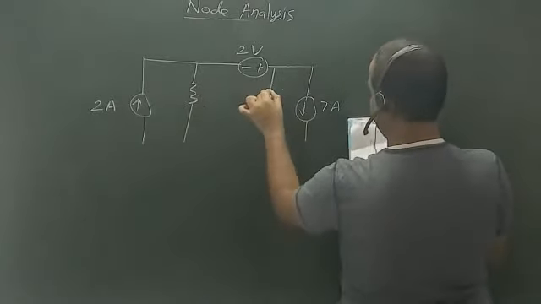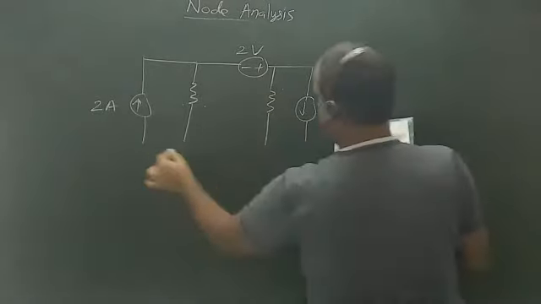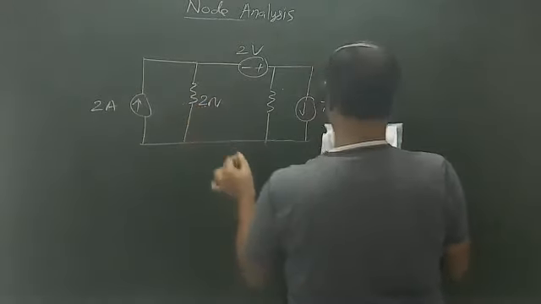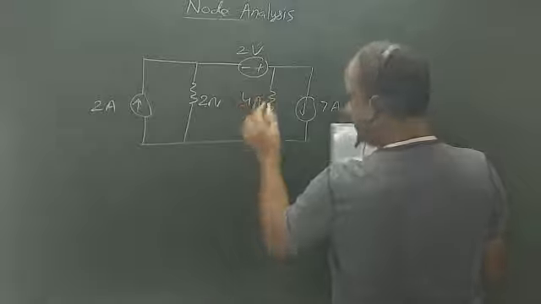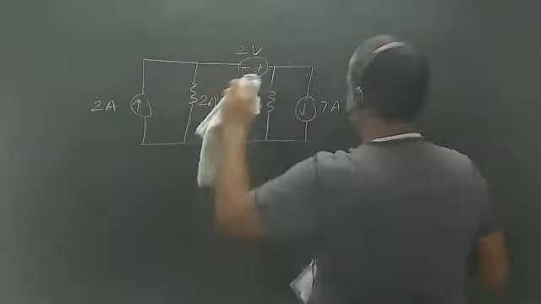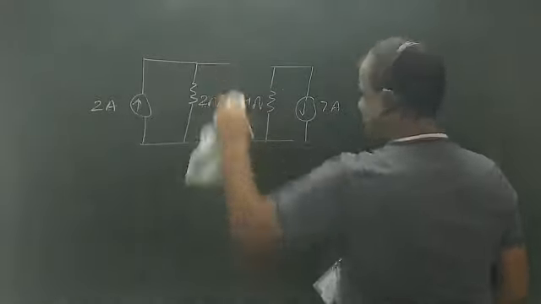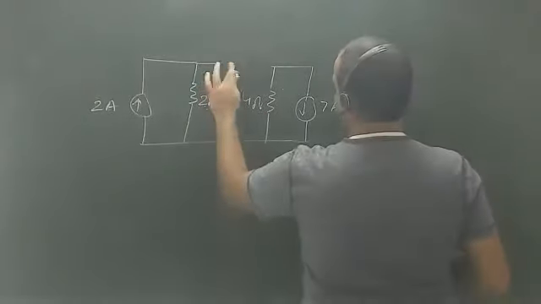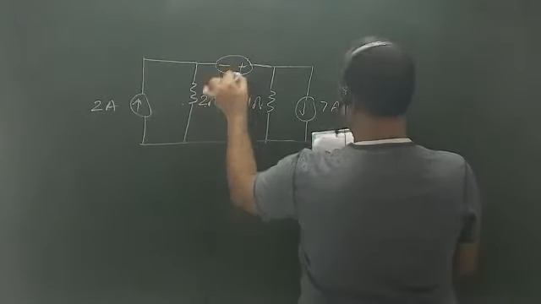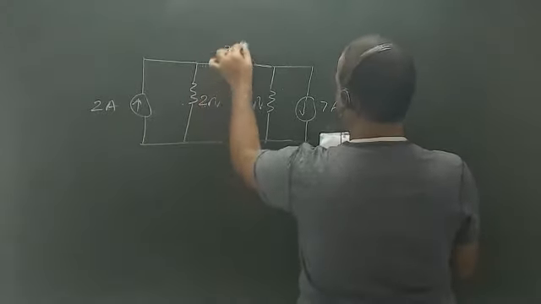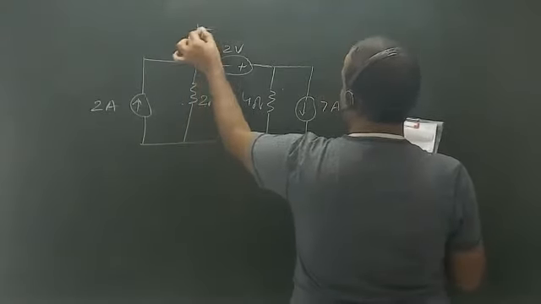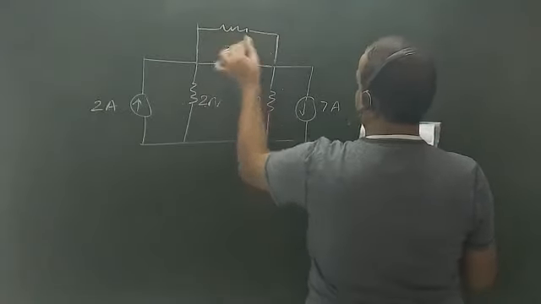Okay. And here we have one more resistance. So this is 2 ohm, 4 ohm. Okay. And then we have one more minus plus 2 volts, and we have one more resistance here of 10 ohm.